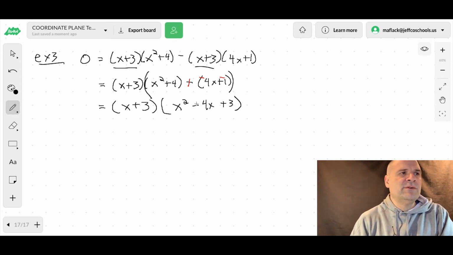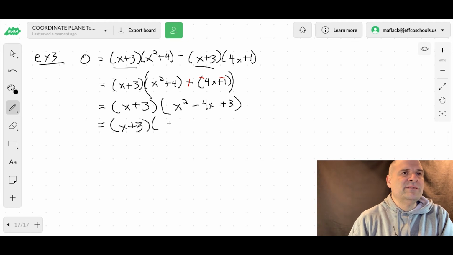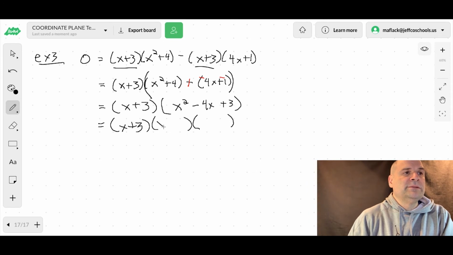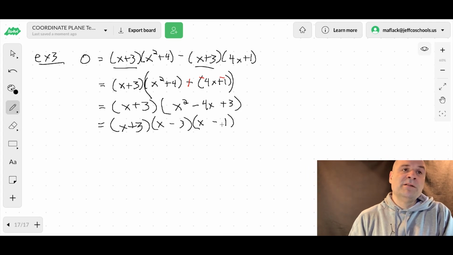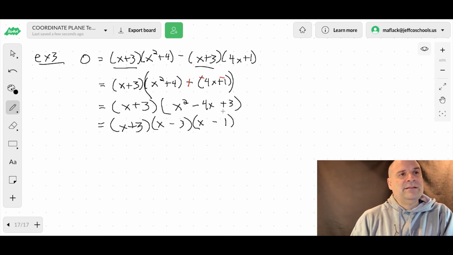This is still factorable. So we're going to rewrite x plus 3, and then this is going to factor. Remember the magic question: after you put your parentheses, you're going to have -3 minus 1, because these two numbers multiply to get +3 but add to get -4.